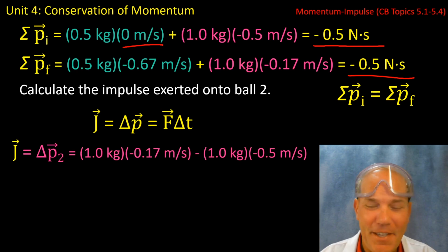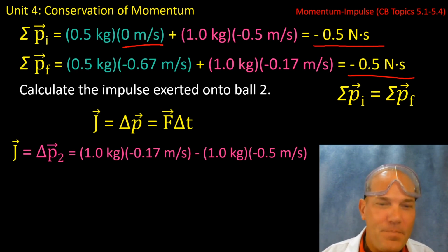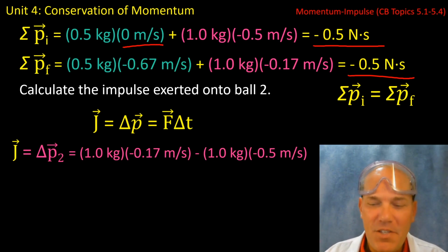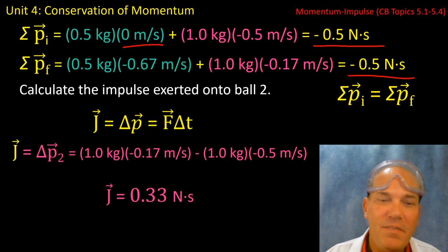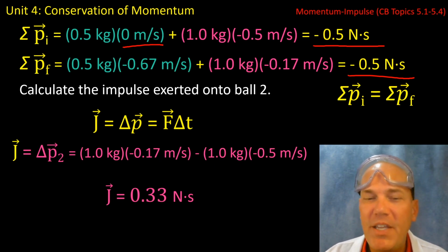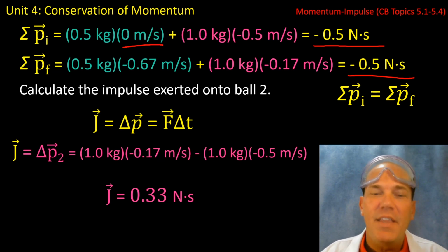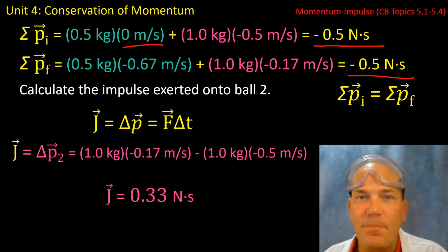Again, we're only looking at this object. So its final momentum minus its initial momentum gives us an impulse of positive 0.33 Newton seconds. That would be 0.33 Newton seconds to the right.